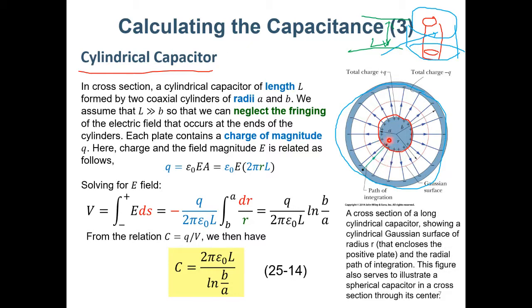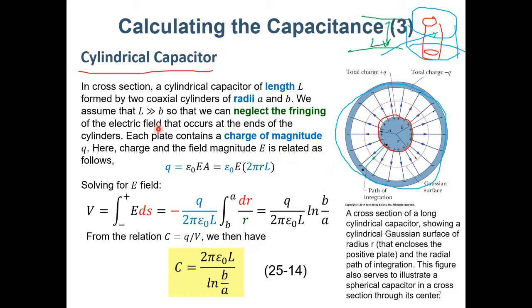So we have a higher potential at the inner cylinder and the lowest potential at the outer cylinder, like this. Why? Because it is symmetric.